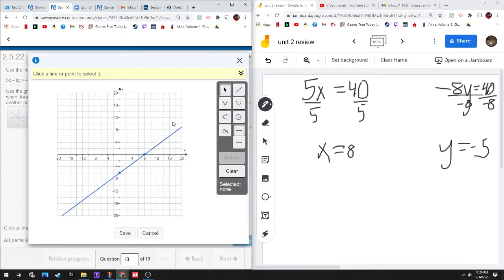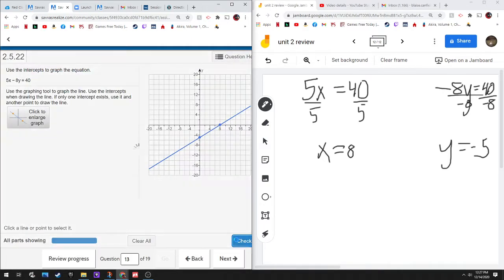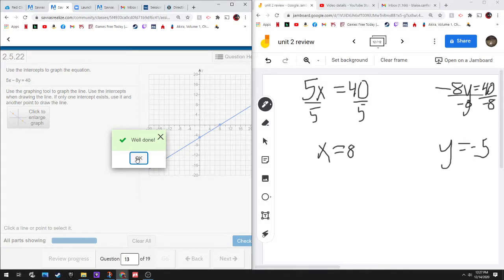My x-intercept was 8. These are going by 2s, so that's actually 6 right there. I should have looked up here. I went to 6, but I need to go to 5. There we go. Okay.